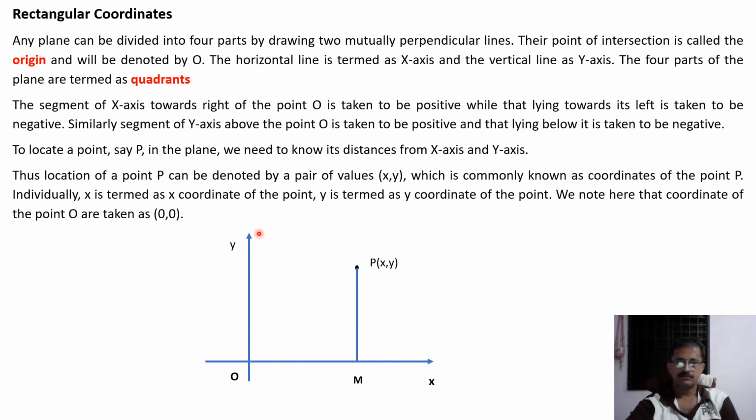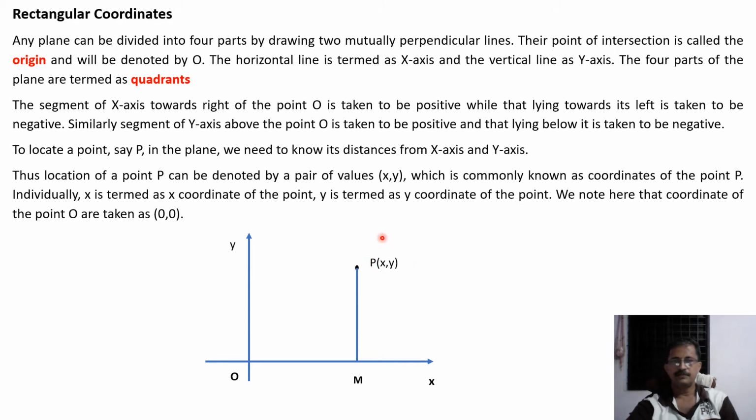This is the positive direction of the y-axis. See, this is a coordinate system. This is the origin. These are two perpendicular lines which divide the given plane into four parts. This is the first quadrant, this is second, here third, this is the fourth quadrant. I have taken one point here and the name of that point is P.